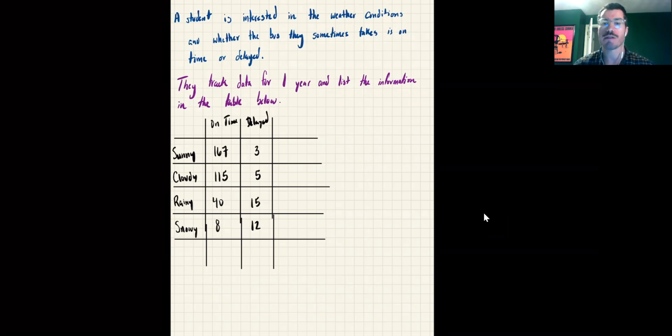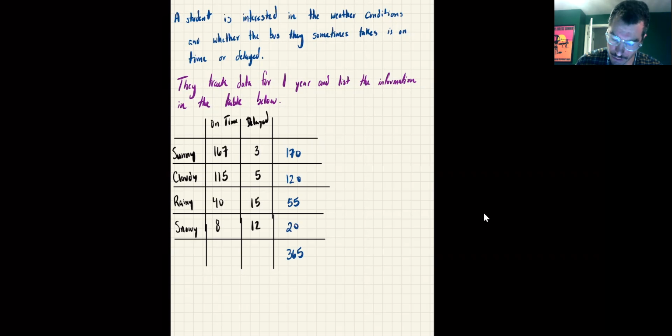So we can initially see some information. We can, for example, first find our totals. We know that there are 170 days that were sunny, 120 days that were cloudy, 55 days that were rainy, and 20 days that were snowy, for a total of 365 days.